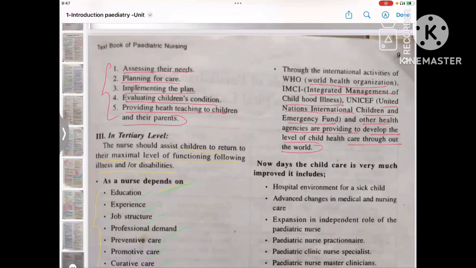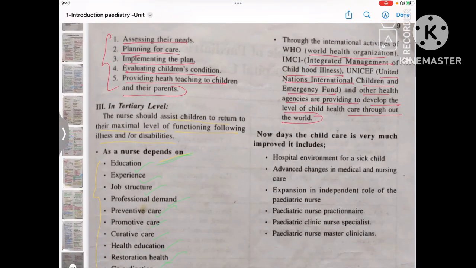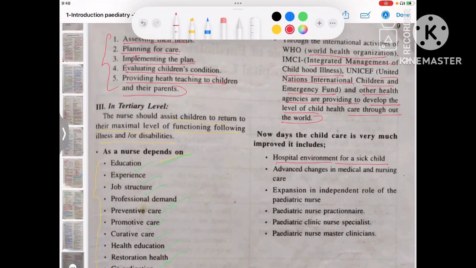So nowadays we can say child care is very much important. Why? If you ignore the care and treatment, definitely the baby will have problems and complications. Here, child care has very much improved, such as the hospital environment for sick children, advanced changes in medical and nursing care, and expansion in the independent role of the pediatric nurse.